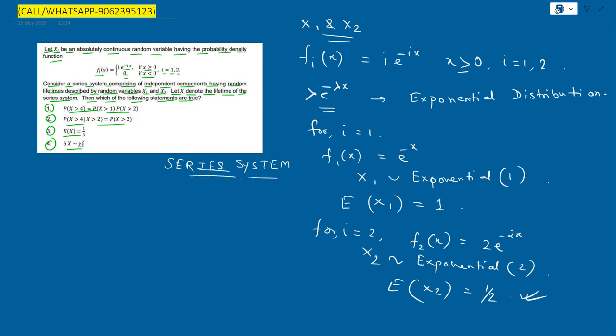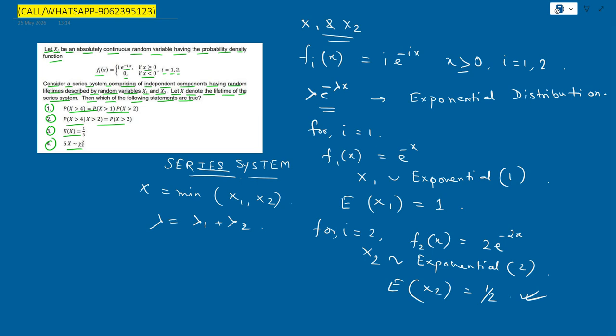Now, for a series system, X equals the minimum of X1 and X2 because the system fails as soon as the first component fails. The minimum of independent exponential random variables is also exponential, and the new rate is lambda equal to lambda 1 plus lambda 2.